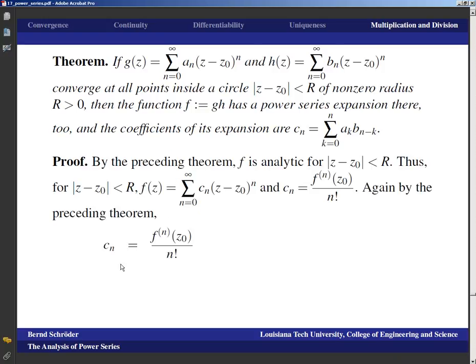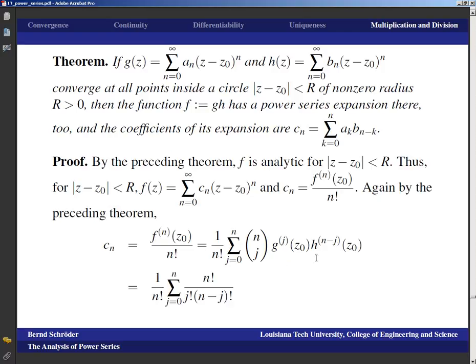And now by the preceding theorem, we can say that c_n, being the nth derivative of f at z0 divided by n factorial, is 1 over n factorial times that big old formula from the preceding theorem: the sum j equals 0 to n, n choose j, the jth derivative of g times the (n minus j)th derivative of h, both at z0. And now we know these can be expressed with the coefficients of an analytic function.